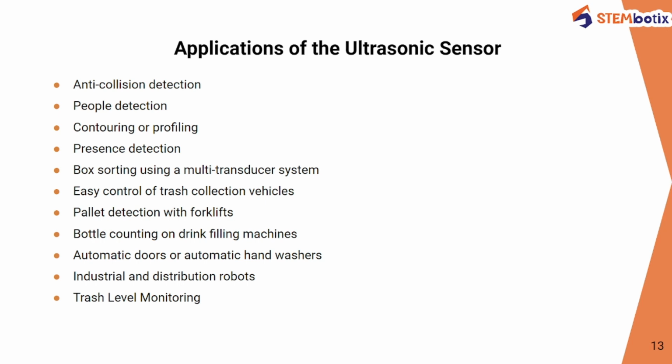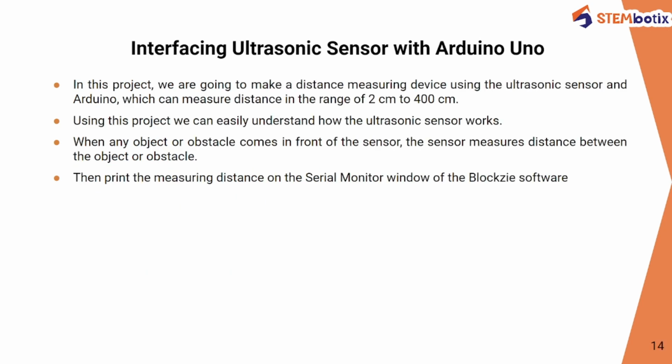Now it's time for us to interface the ultrasonic sensor with Arduino Uno. So we are going to connect the Arduino Uno and ultrasonic sensor. Here we are going to make a distance measuring device using the ultrasonic sensor and Arduino, which can measure the distance from range 2 centimeter to 400 centimeter.